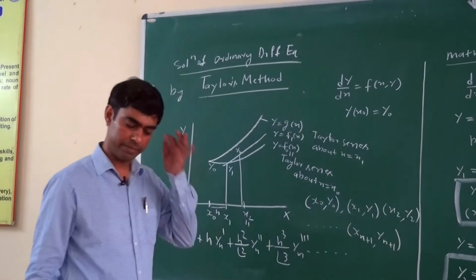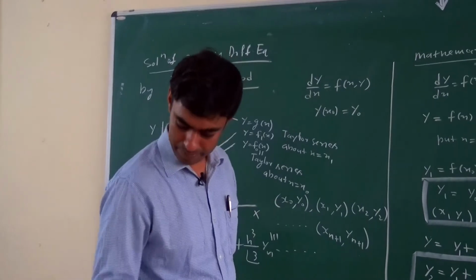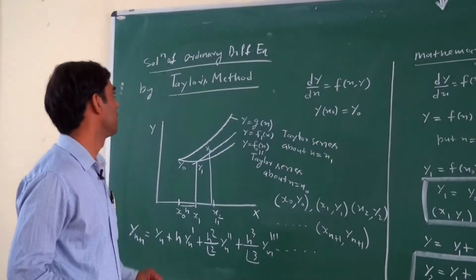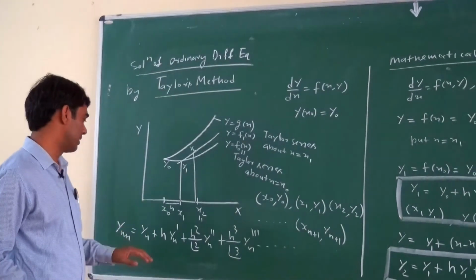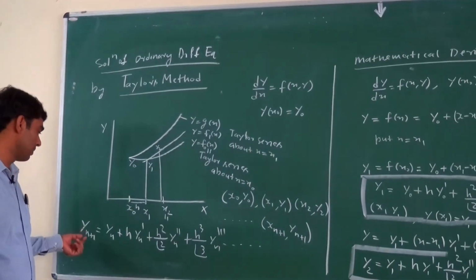So this is how we derive the Taylor series solution method. This is an iterative scheme to solve a numerical problem.